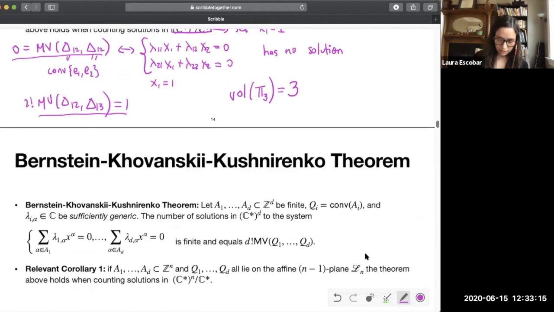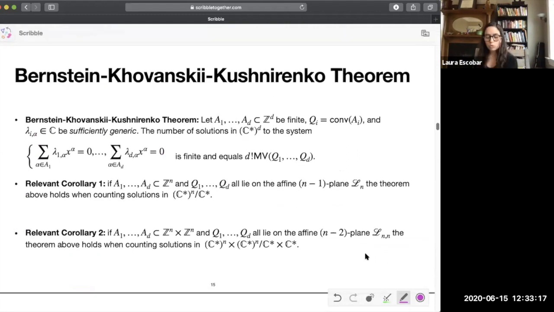But now we're going to apply this to evaluating the volume of the harmonic polytope. In our case, our harmonic polytope lies in an n-2 dimensional plane. So we're going to instead count the number of solutions in this quotient of the torus. Again, this is like rescaling the first n entries, and this is rescaling the last n entries.